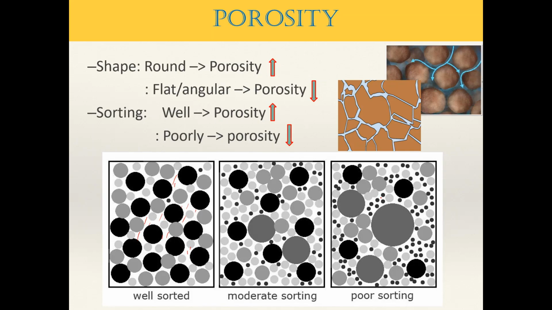But if you mix them together, what will happen? The silt or sand particles will move into the gravel and the porosity will decrease. The reason is that these small particles will fill the voids, so the amount of water the formation can store decreases. So this is called a poorly sorted formation.